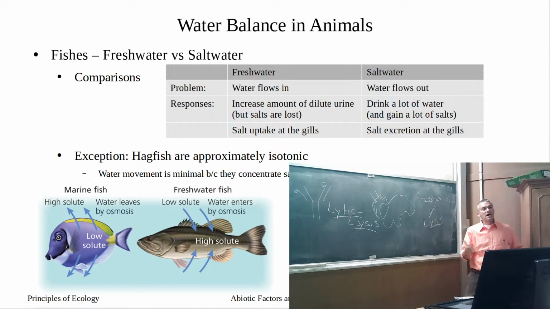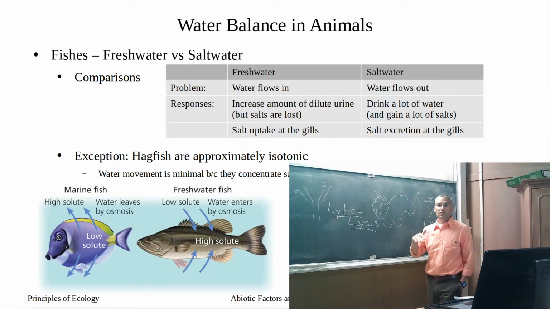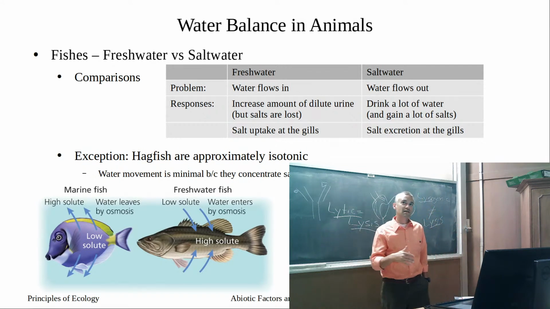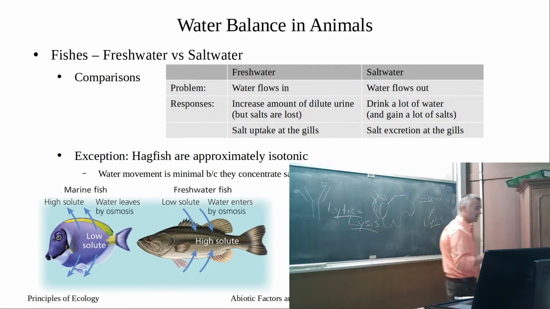And they do that with the salts. They set up a salt concentration inside their excretory system so that water will move into the GI tract and get released. So out with the water is also out with the salts.